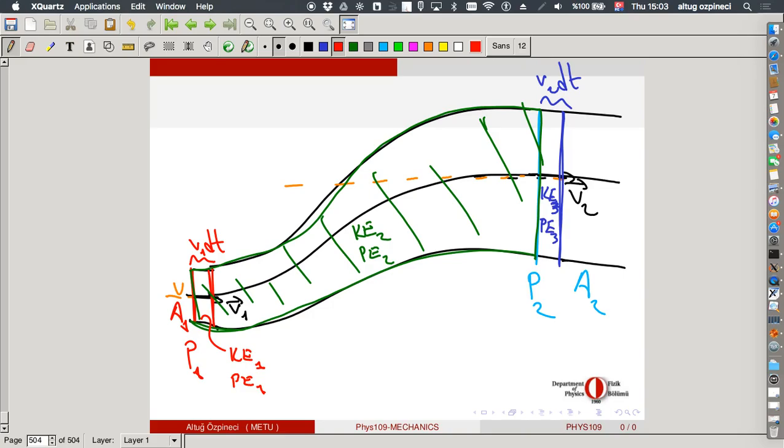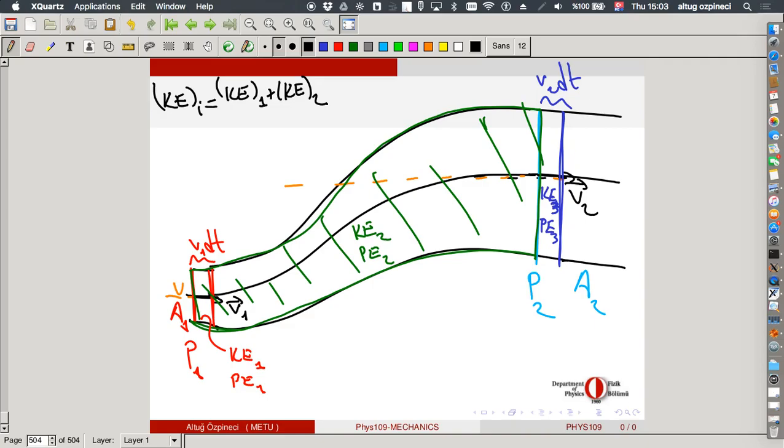So what is the initial kinetic energy of my system? Initially, my system has this region plus all this region. So the initial kinetic energy is kinetic energy 1 plus kinetic energy 2.